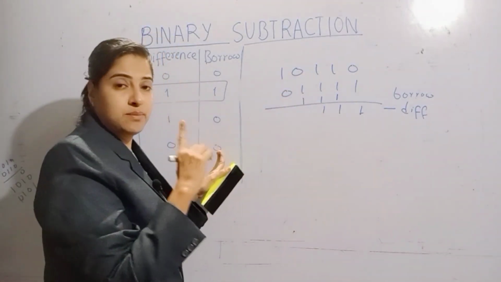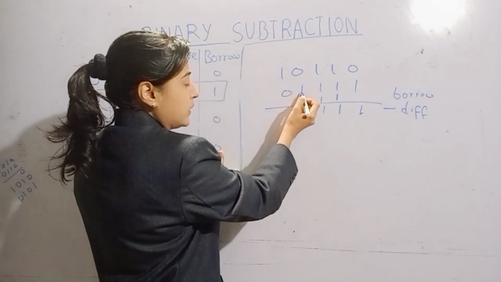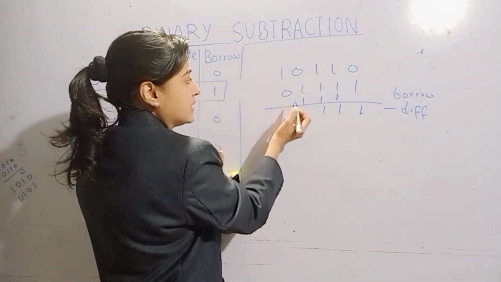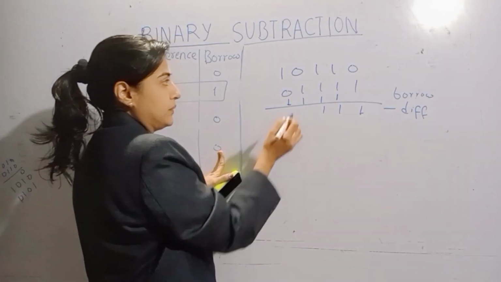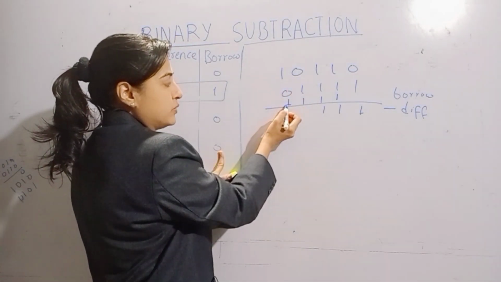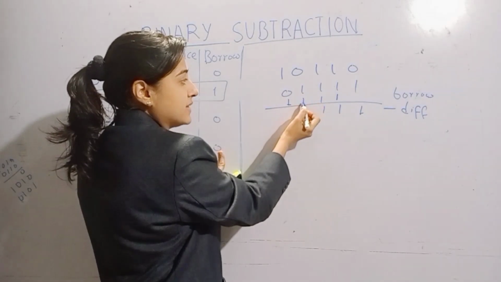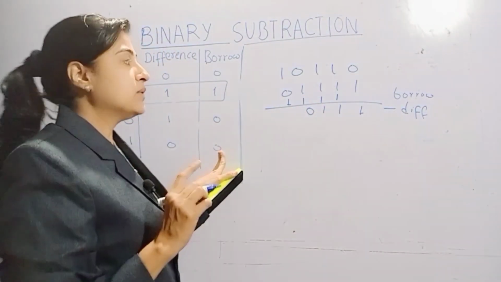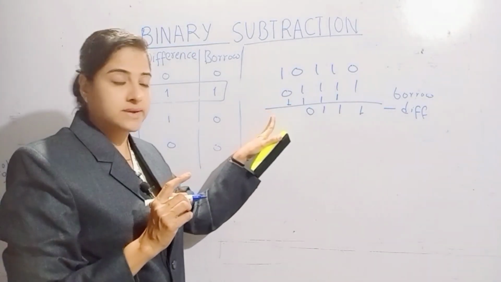Now again it is important. 0 minus 1, the difference is 1 and borrow is 1. So first I will write the borrow here. 0 minus 1, borrow is 1, difference is 1. So that difference minus this borrow, 1 minus 1, is 0. Mainly students get confused here itself.